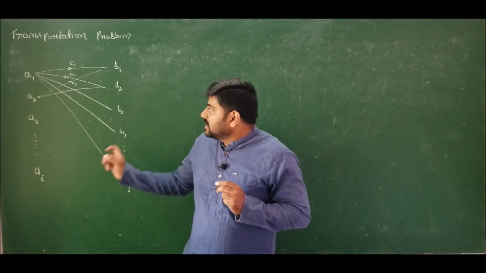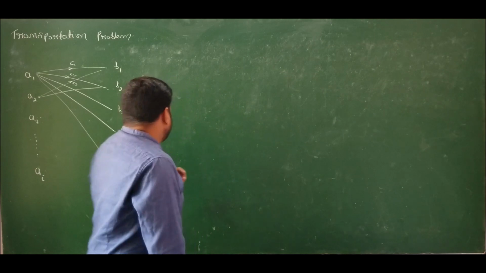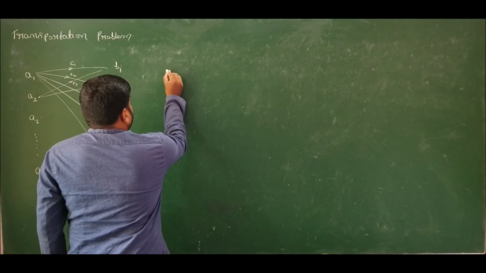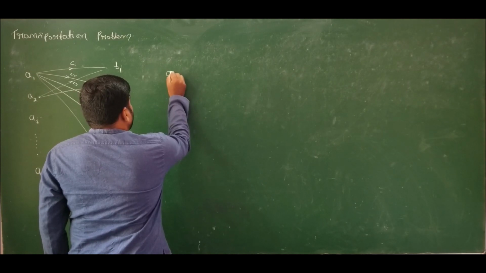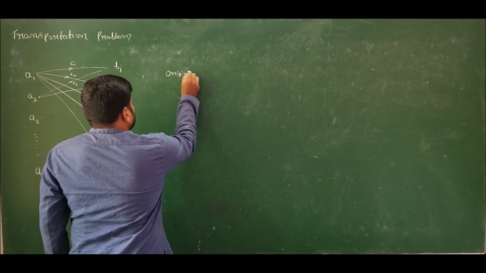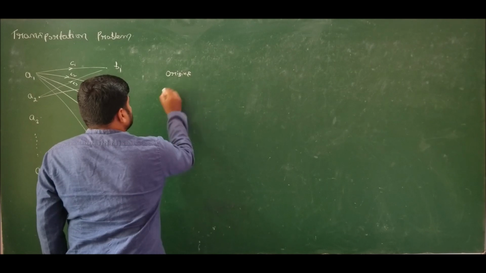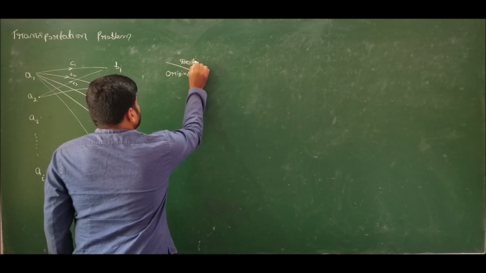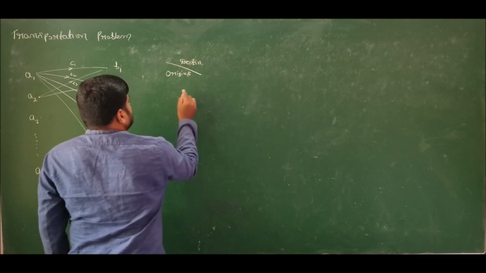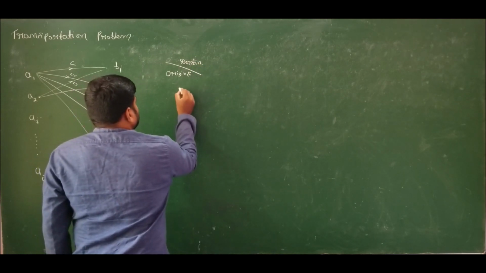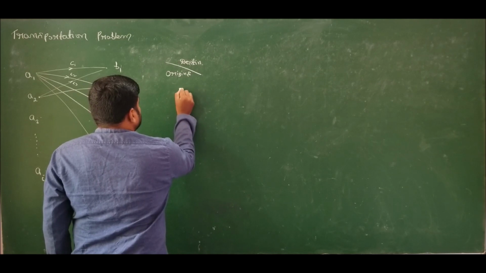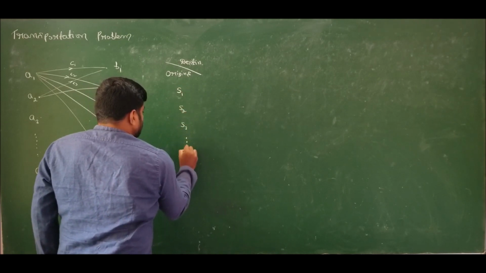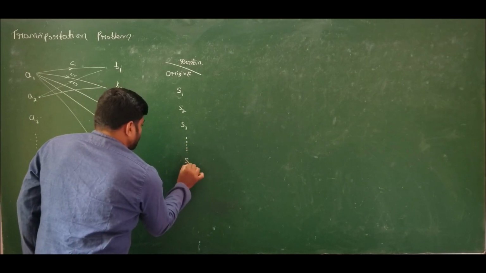So if I represent the transportation problem in a matrix form, we have the sources or origins, and we have the destinations. Let us say we have the origins or the sources as S1, S2, S3, etc. till Si.